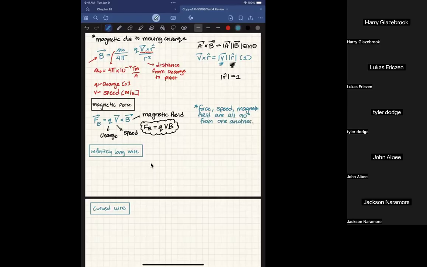So that's why we use the right-hand rule, which I'm going to go into in just a little bit. Just know you'll use this equation, and all the equations we use, to find the magnitude of either the force or the magnetic field, and then you'll always use the right-hand rule to find the direction.